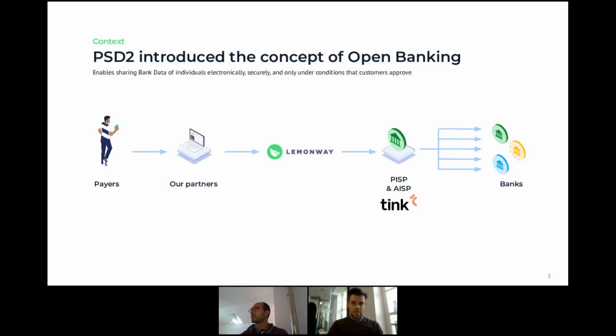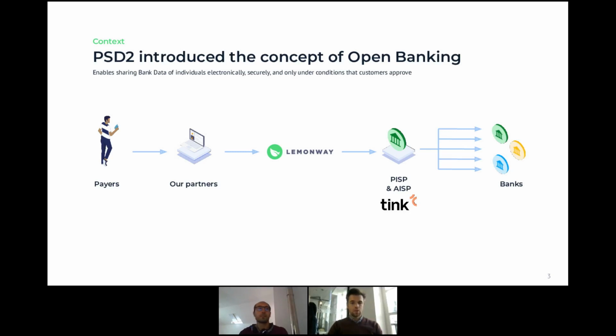So slide number 3. Here is a very simplistic map of how things are working. You are a marketplace operator having different customers, the payers. They are coming to your marketplaces, so you, considered as our partners, will have integrated the Lemonway PISP solution, which is powered by Tink.